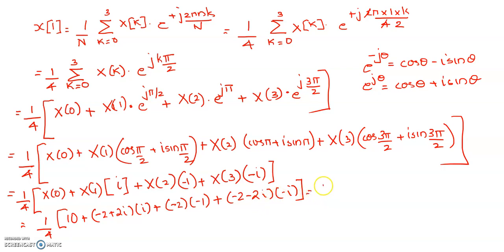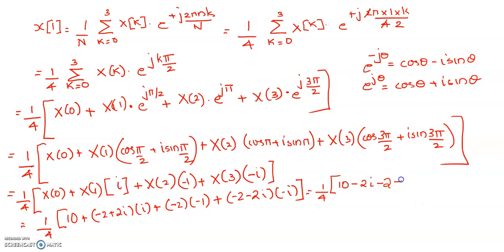This will be equal to 1 by 4, 10 minus 2j, and the other term becomes 2j square, and j square will become minus 1, so it will become minus 2.